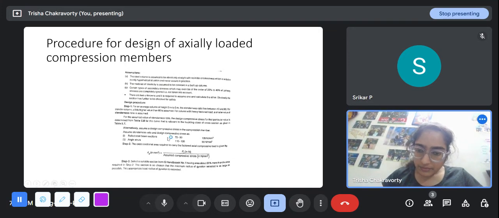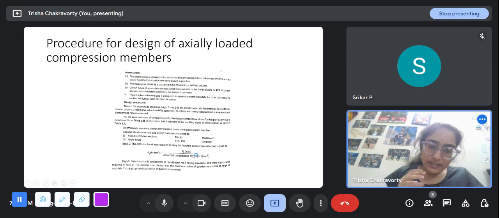Then step 2: the cross sectional area required to carry the factored axial compressive load is calculated, because we have an assumed compressive stress. This assumed compressive stress depends on the slenderness ratio. So we are given a steel grade, we know its yield stress, but then we have to assume a slenderness ratio because we want to know the modified compressive stress.